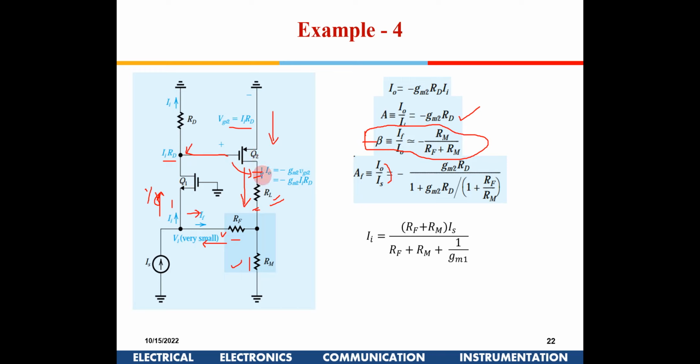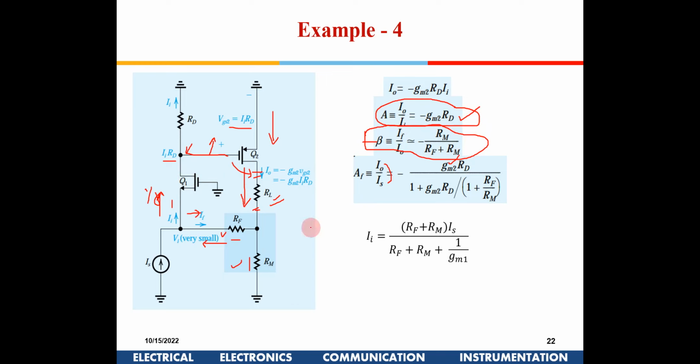In this particular case, it will be GM into this resistance, right? So this voltage is ID into RD, then this current I0 will be GM2 into IRD. So that is what it is written here, GM2 into RD, this gain. Is it clear?